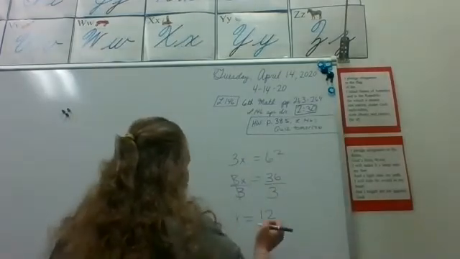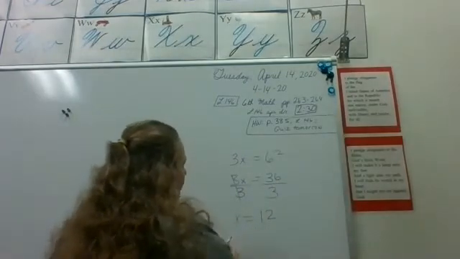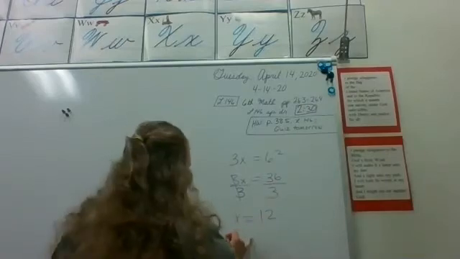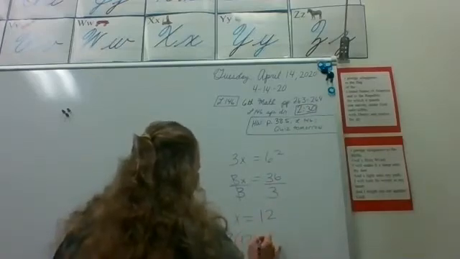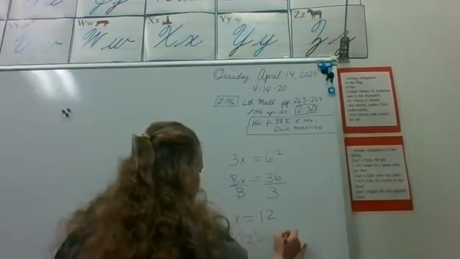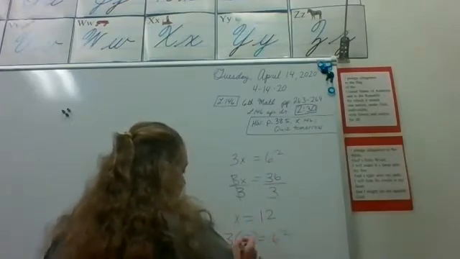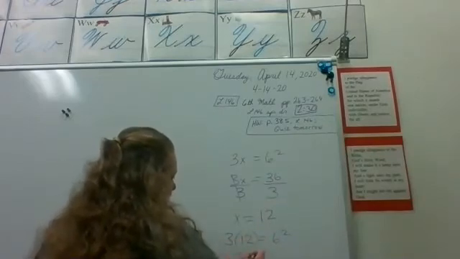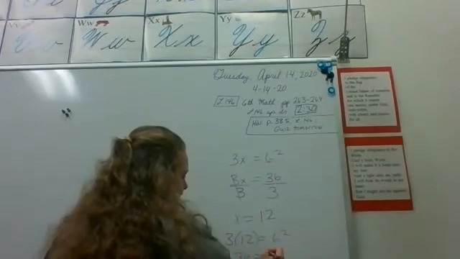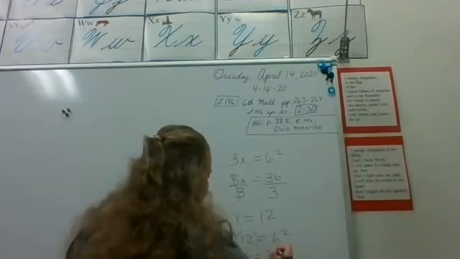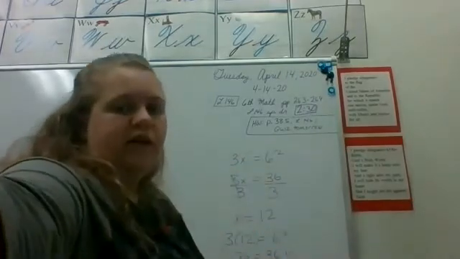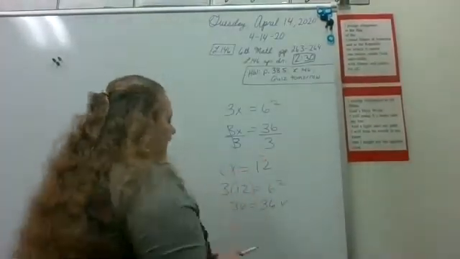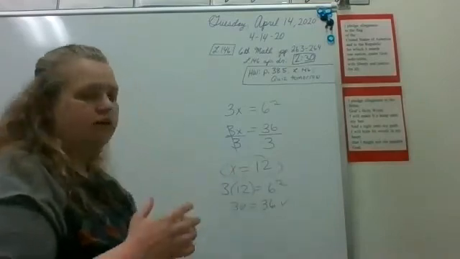So we're going to plug this into our equation. 3 times 12 equals 6 squared, okay? 3 times 12, 3 times 2 is 6, 3 times 1 is 3, 6 times 6 is 36. Are those the same numbers? Yes, they are, which means that x equals 12, and we are correct.